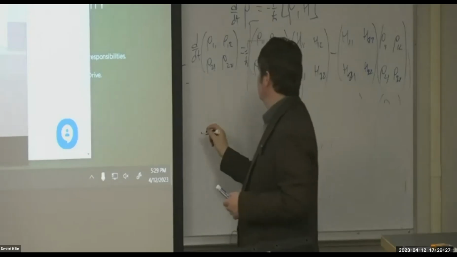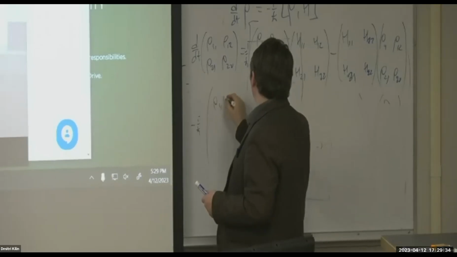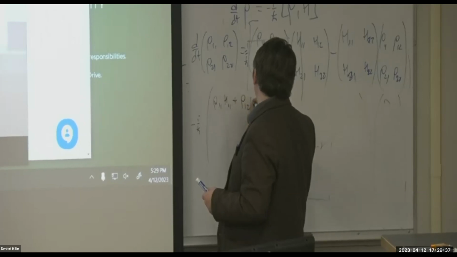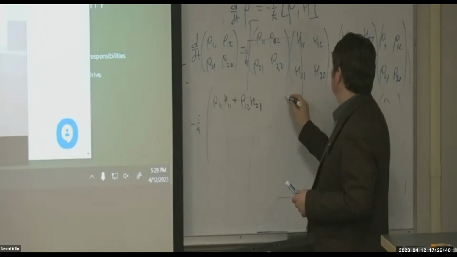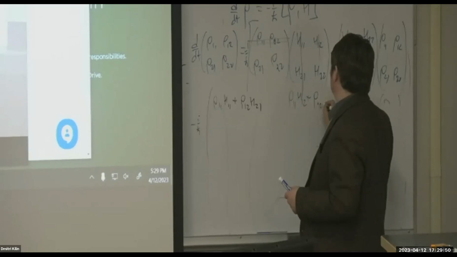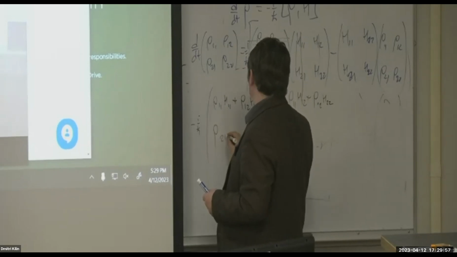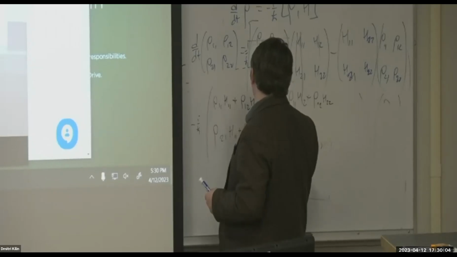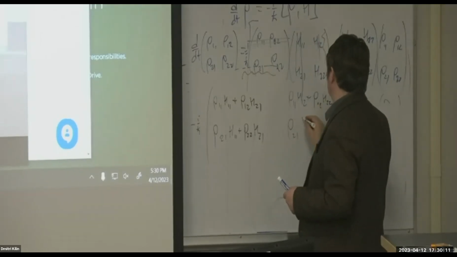Row by column, i h bar: rho 11 H11 plus rho 12 H21, row 1 by column 1, and rho 11 H12 plus rho 12 H22. Row 2 by column 1, rho 21 H11 plus rho 22 H21, and rho 21 H12 plus rho 22 H22.